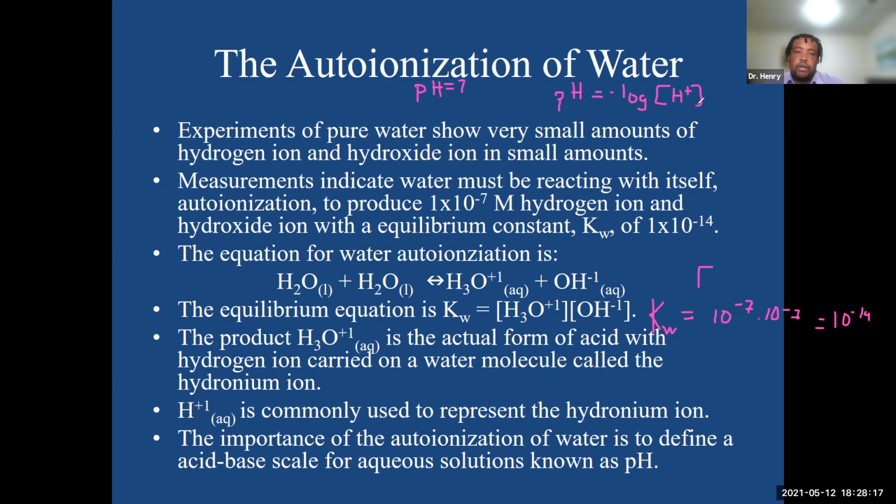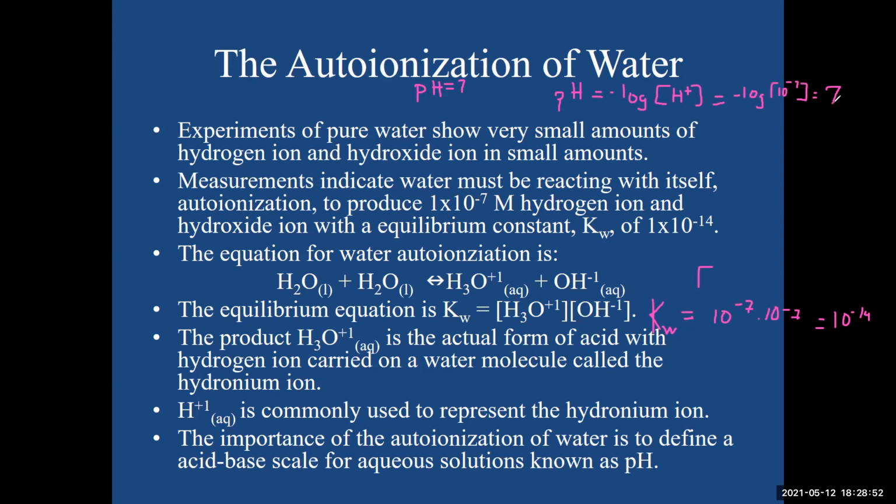You'll see it called that way a lot. So in this case, the concentration of H plus is 10 to the minus 7, so minus log of 10 to the minus 7 equals 7. Make sense?